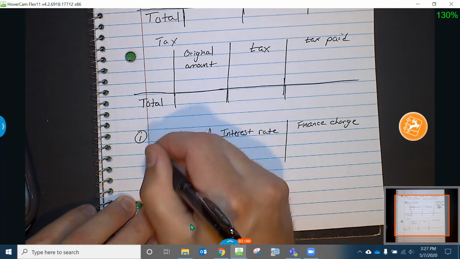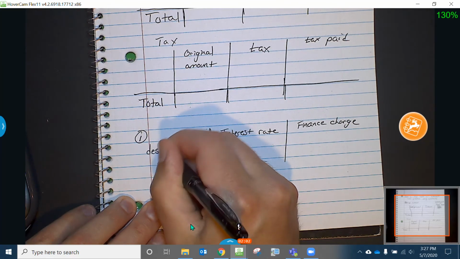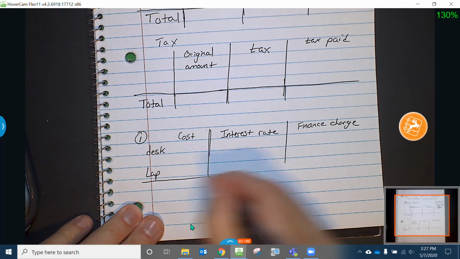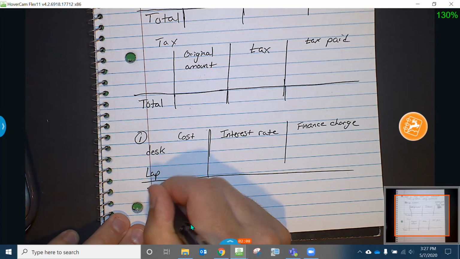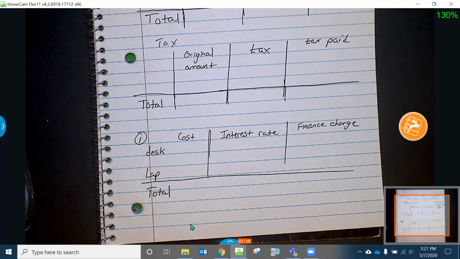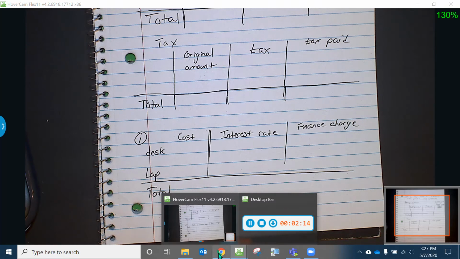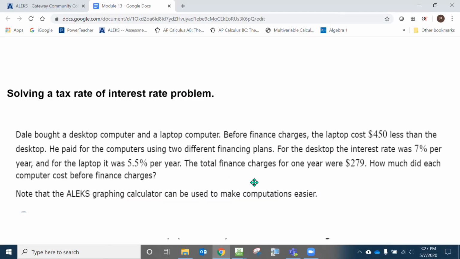So we have a desktop and a laptop. And down here we'll need possibly a total of some sort. Okay, let's go back to the question. What are they asking us for? How much did each computer cost before financing charge? All right, so we're looking for that original cost.